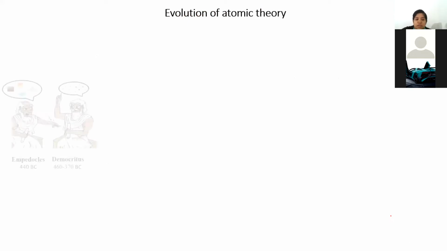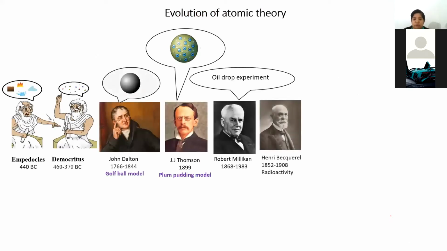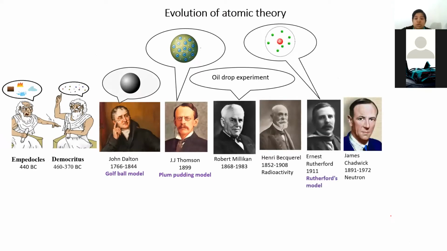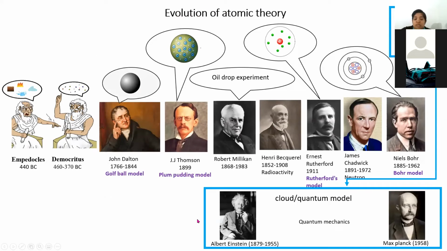Here I'm going to put a brief summary of the evolution of the atomic theory. Throughout history, people tried to figure out what exactly matter is. What is it made out of?